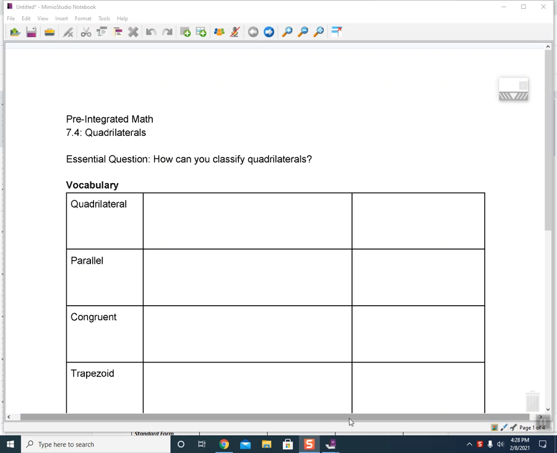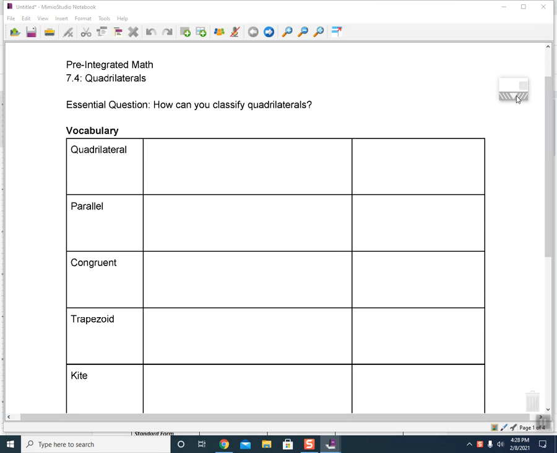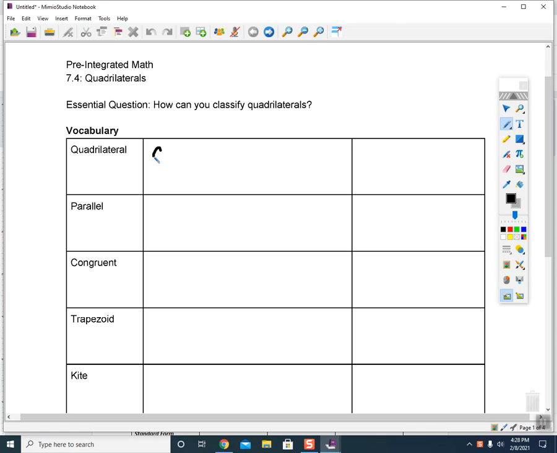So yesterday we started an introduction into quadrilaterals, and if you remember, a quadrilateral is just a shape that has four sides.